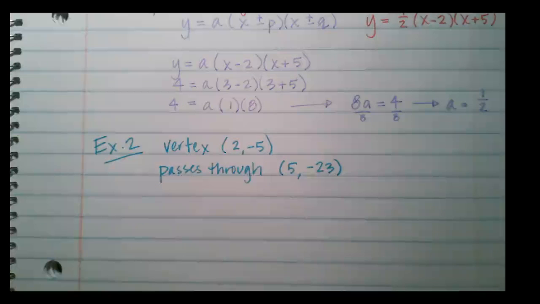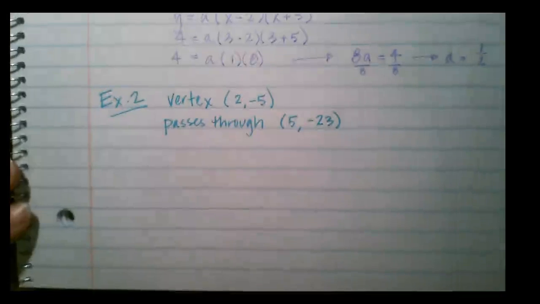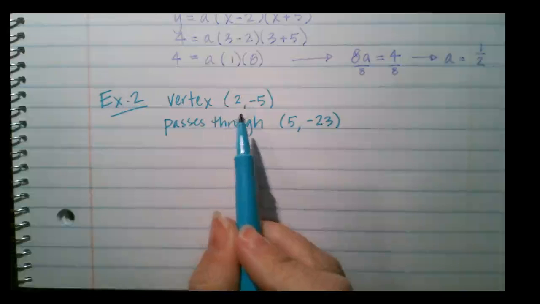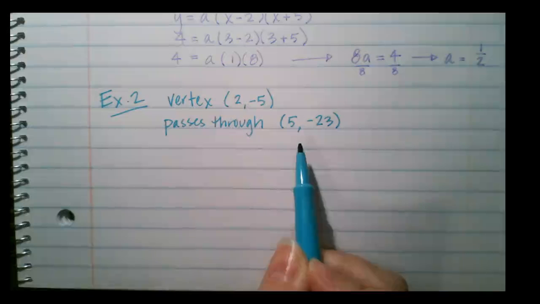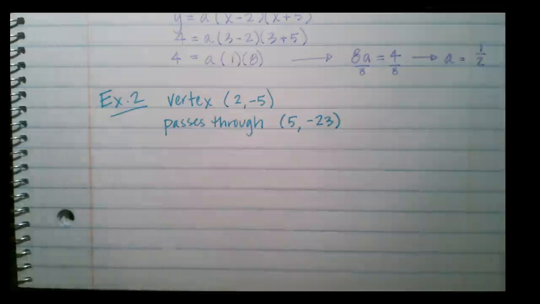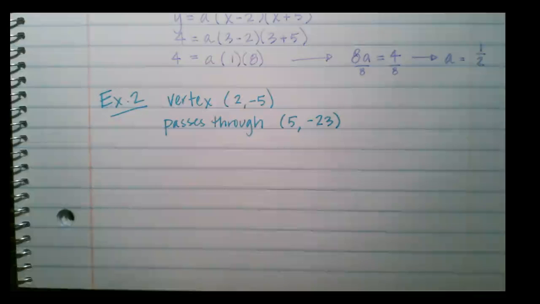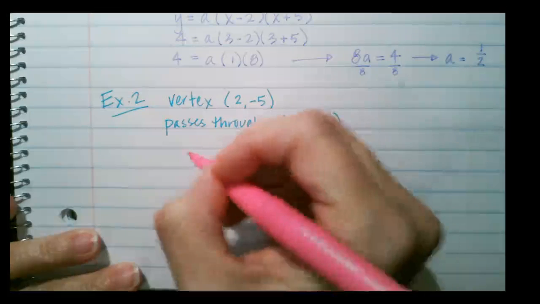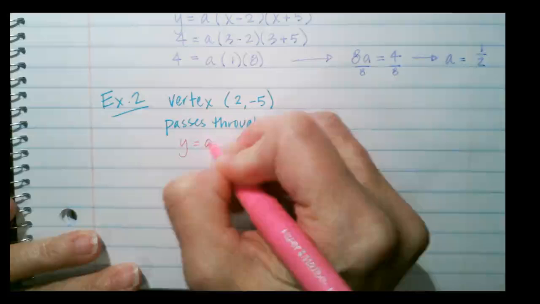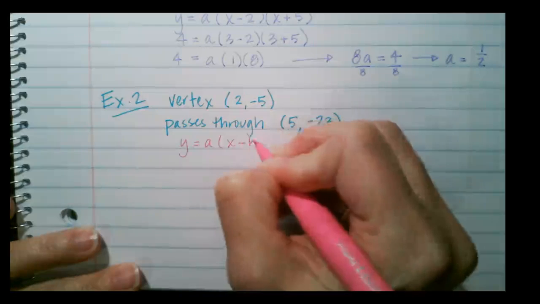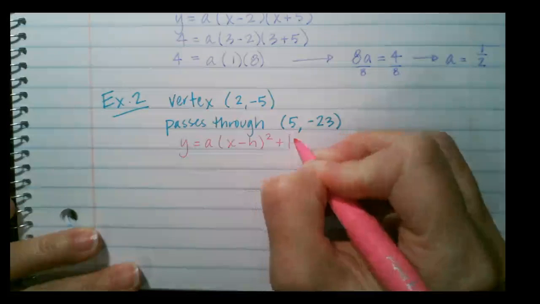Okay, so for this example, I've given you information about the vertex of the parabola and then a point that the parabola goes through. All right, well, since I was given the vertex, I'm going to use vertex form. So I know that vertex form looks like this, x minus h squared plus k.